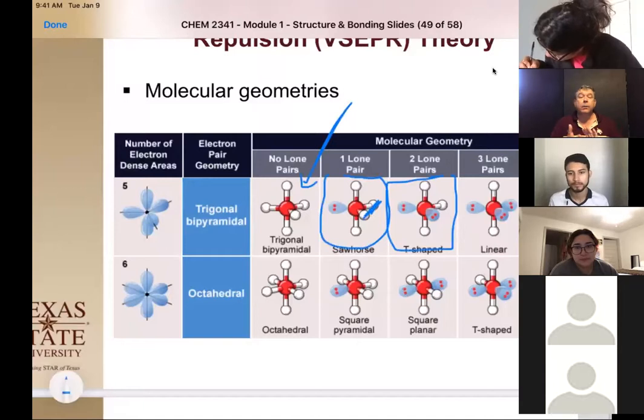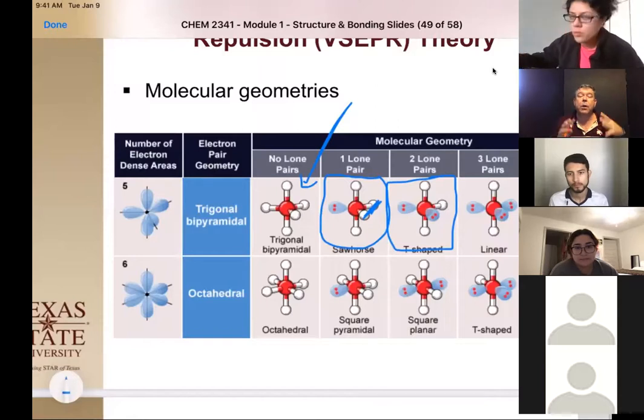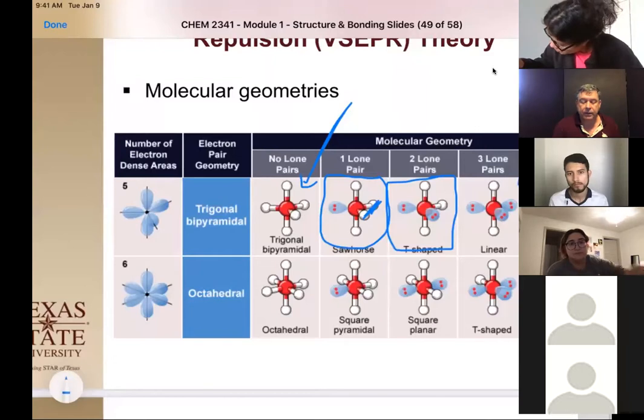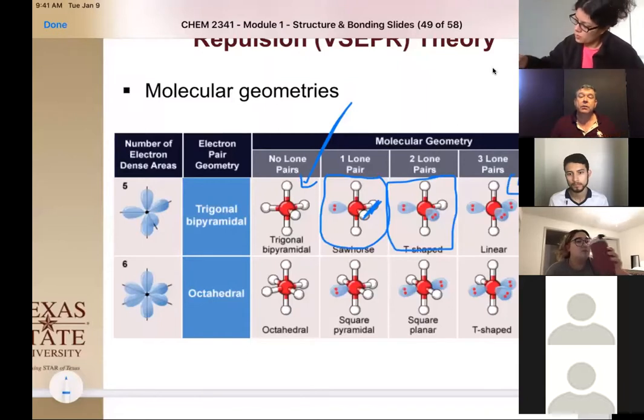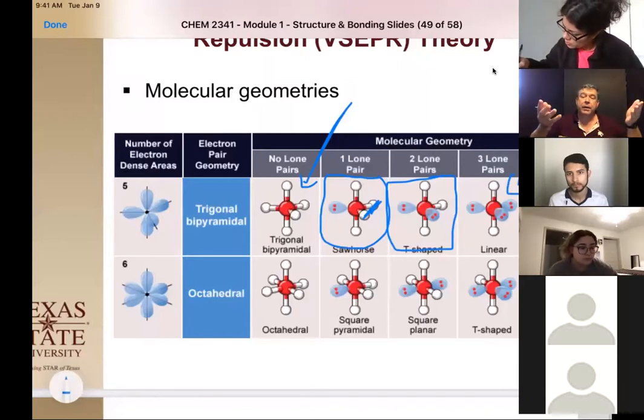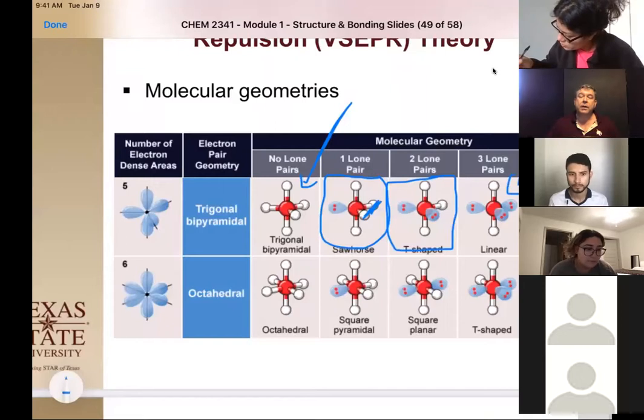It's not going to rearrange to give a tetrahedral or a trigonal planar, because the lone pairs are holding it in position. And then we can even get a linear if we have 3 lone pairs available to us. That'll give us a linear structure. It'll look like it only has 2 domains, but if we know that those lone pairs are there, we'll see that it has those 3 lone pair domains and a linear molecule.